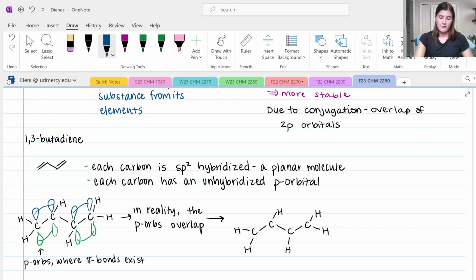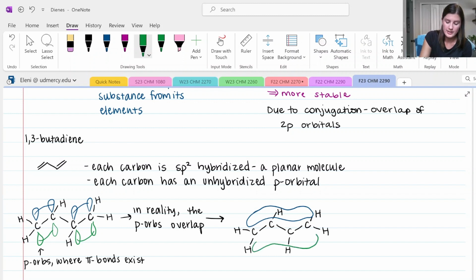Now, instead of drawing the dumbbell shapes for the p orbitals, we're going to show that these p orbitals overlap across all carbons. And they can do this because each carbon in this chain is sp2 hybridized, so each carbon has that unhybridized p orbital that can overlap with the carbons adjacent to it.